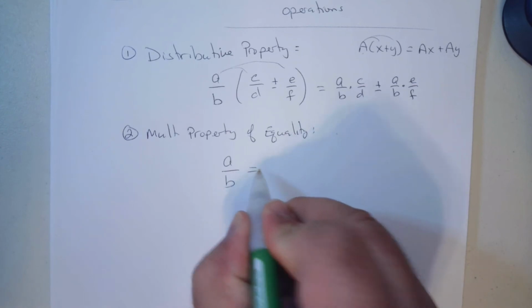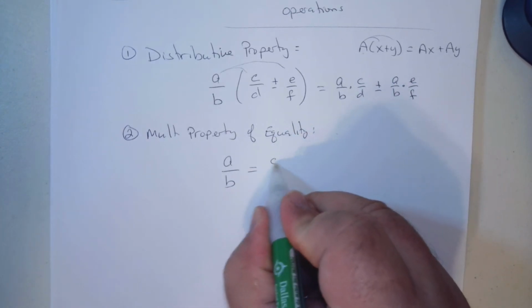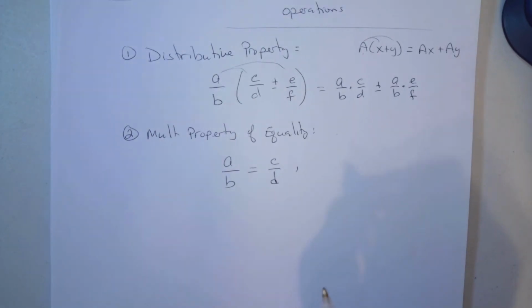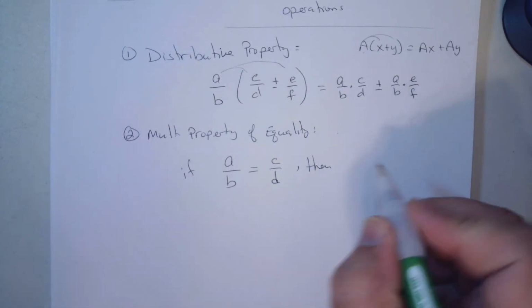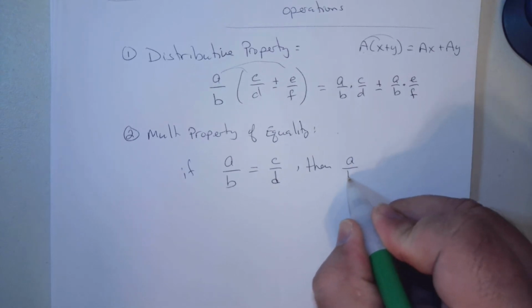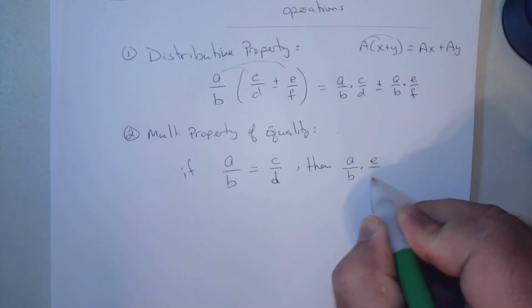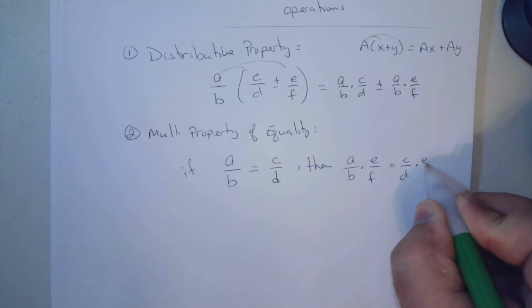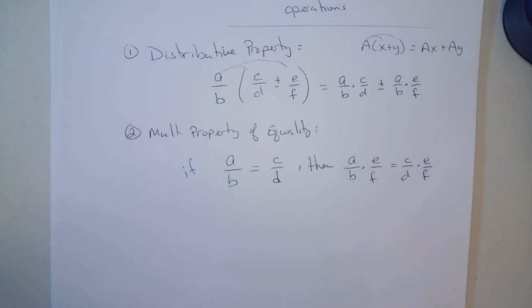A over B, fraction A over B is equal to fraction C over D. That's it. If A over B, then what has to be true? Then there has to be another fraction that we can factor out.